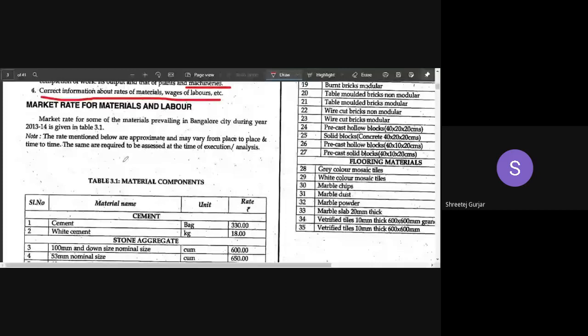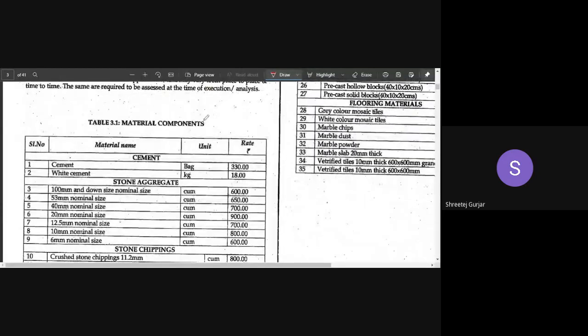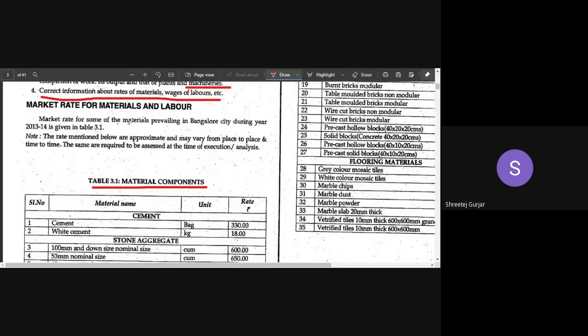In this table, the material components, units, and their rates are given. These market rates are prevailing in Bangalore city, 2013 to 14. So these are a bit old rates which we will be using.